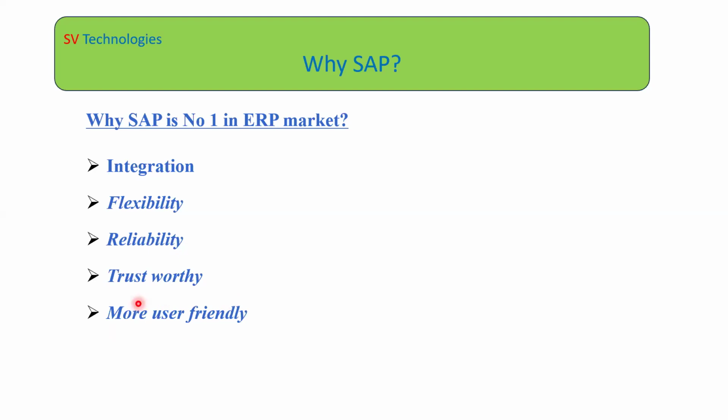That is the reason, in SAP implementation projects, as a consultant, we have to provide effective training to the end users. Once you provide effective training and make them comfortable with the system, then they will start using it. Otherwise, if you don't make them comfortable, they are not interested in using the system. They want to keep using the legacy systems they are following.